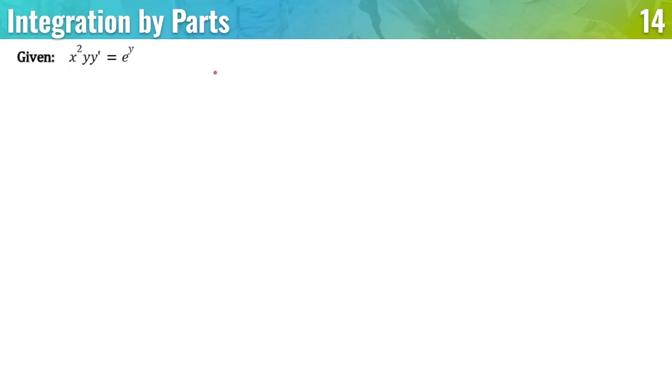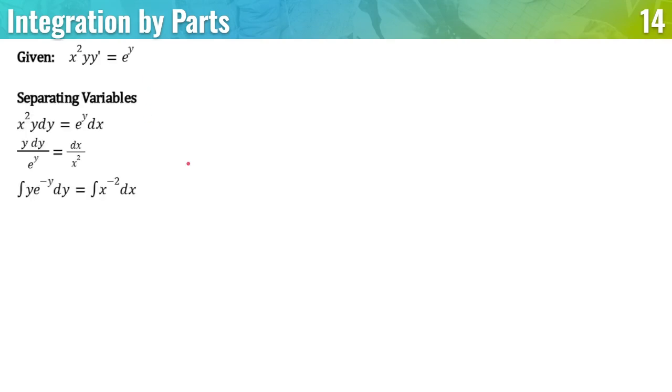So let's solve this. Integration by parts. So if we have this, let's separate the variables first. As we can see, we have e raised to y on the other side and x squared here. And then inside this y prime, we have dy over dx.